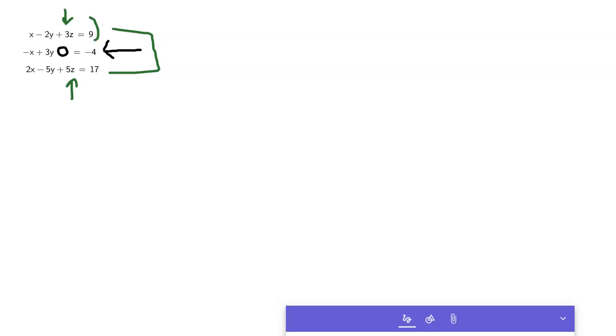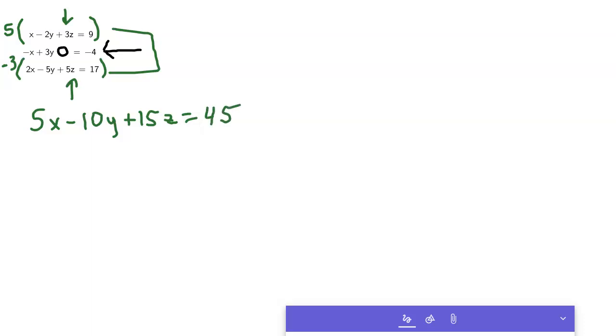So that means what I'm going to do here, I'm going to multiply this whole equation by 5, and I'm going to multiply this whole equation by negative 3. And what that'll do is allow us to eliminate the z. So on top, you'd have 5x minus 10y plus 15z equals 45.